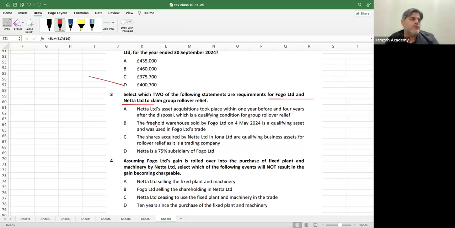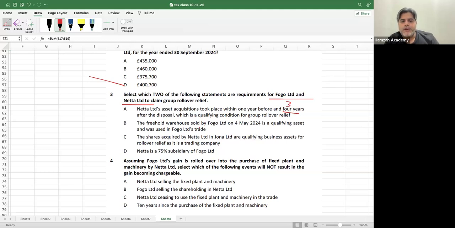I mean, if you want to claim group relief, you need to have the 75% holding of the company as well, right? So, technically speaking, saying 4 years after is wrong. So you need to have the 3 year limit over here.